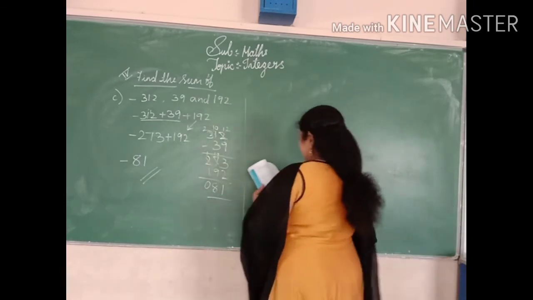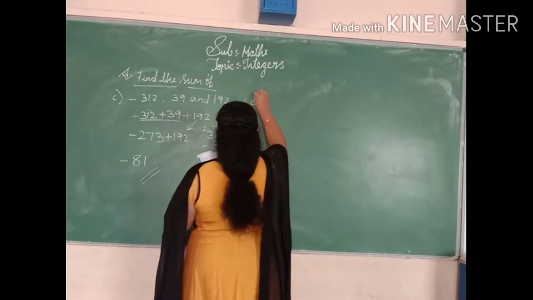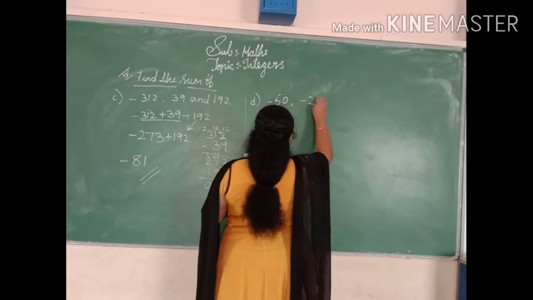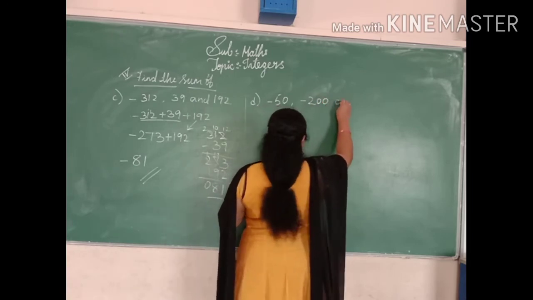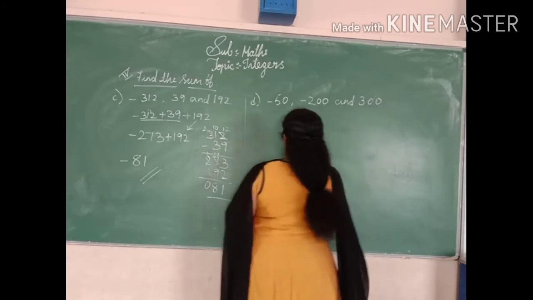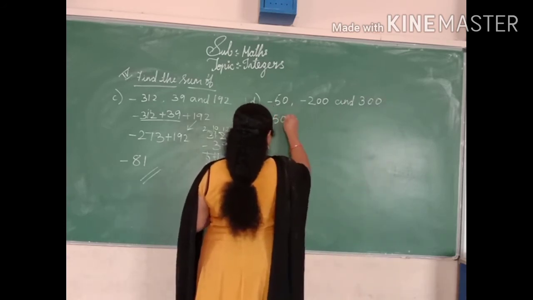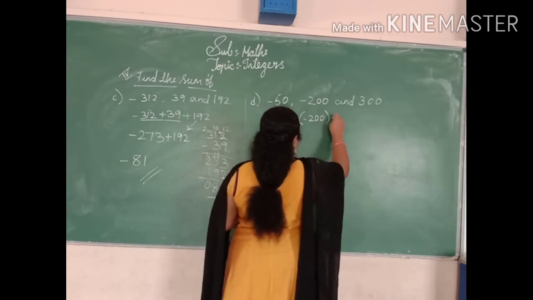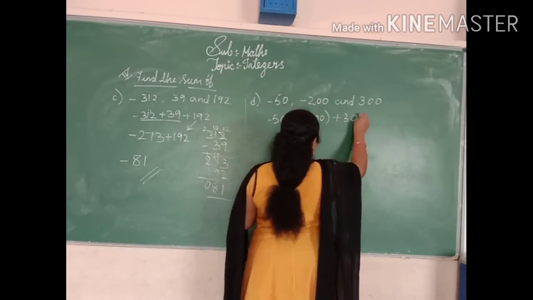So I will do this D also for you here. It says minus 50, minus 200 and 300. Therefore we have minus 50 plus minus 200 plus 300.